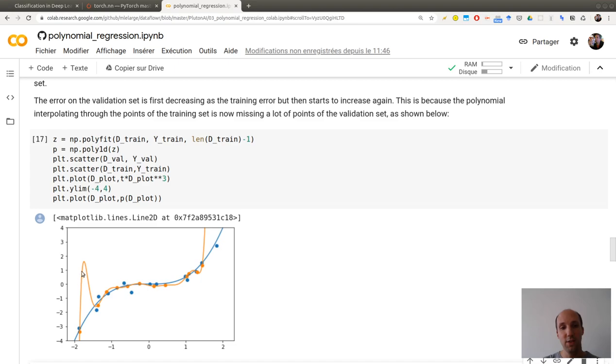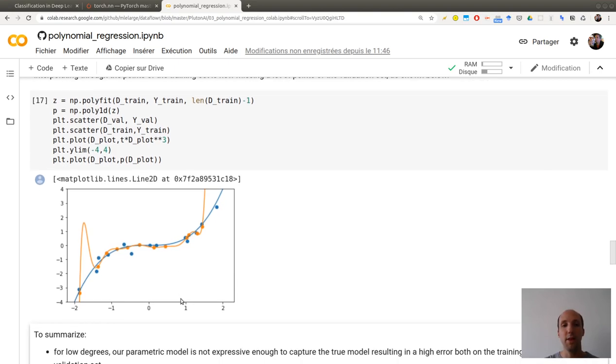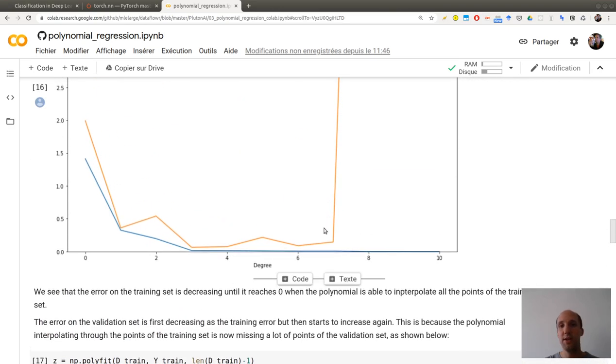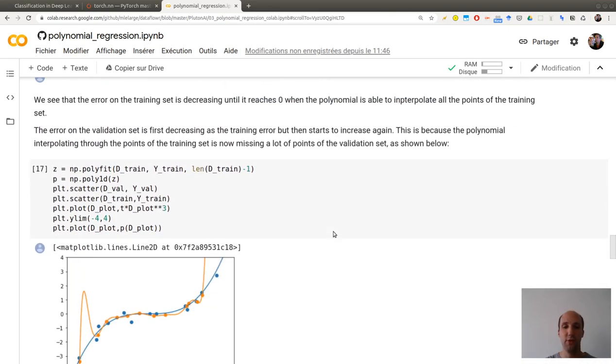And you see that my polynomial is okay with the orange points because it goes through all the points, but it's making huge errors on the blue points. For example, here, at the extremity, and over there. And this is exactly why you have a huge error on this orange curve over there.